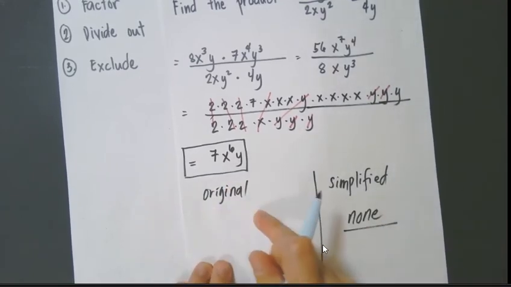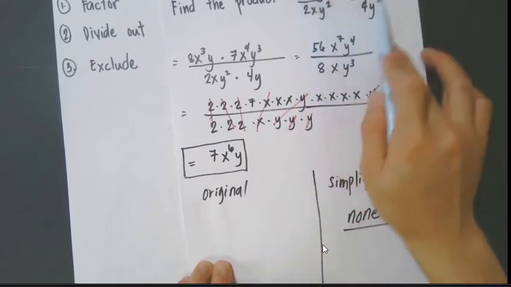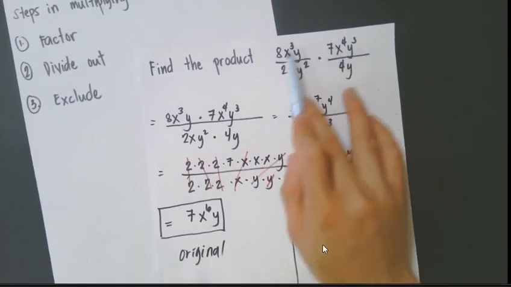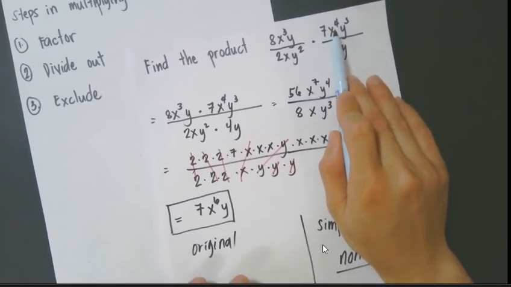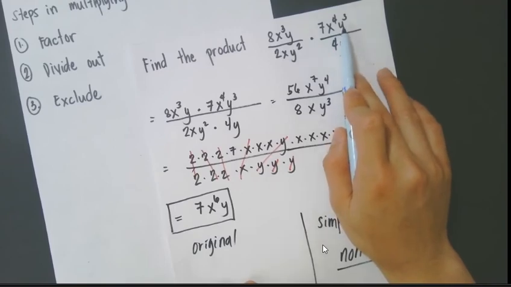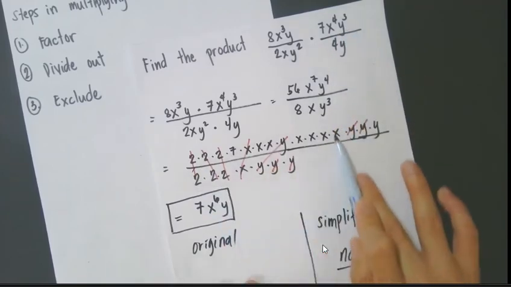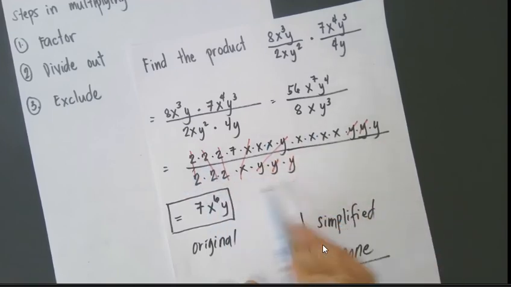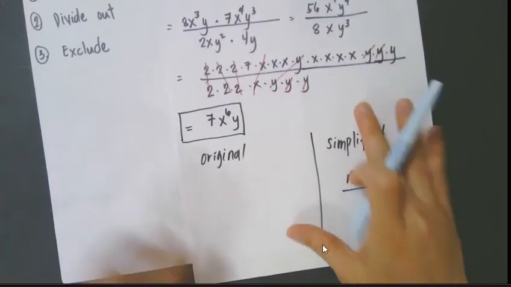Now for the original expression, which is this part here. To find the excluded value, you would go to the factored form over here. If you look, we have two letters, x and y. Since you have two letters, you would equate them to 0.